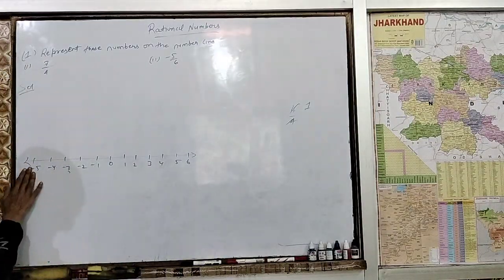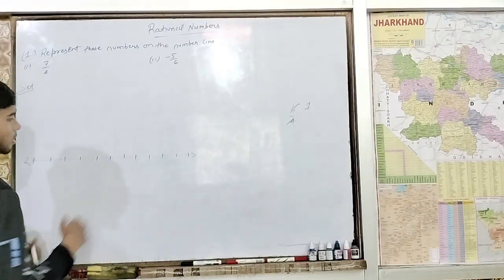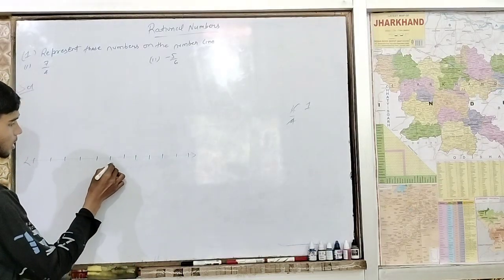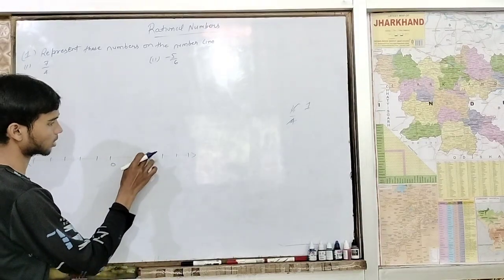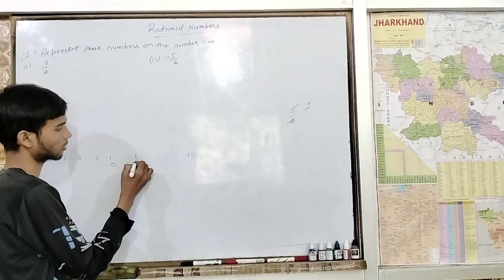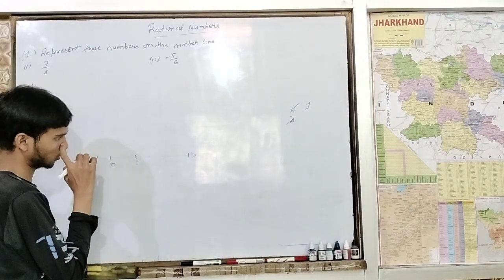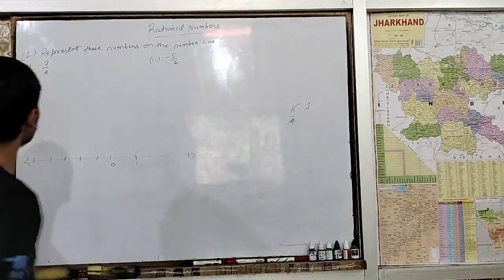Rather than writing like that, we can write like this. Let's say 0 is over here, and this is giving us 1. We have here 7 upon 4.